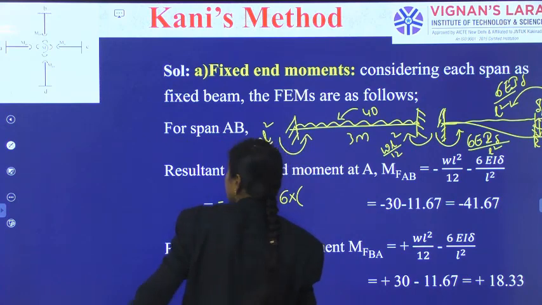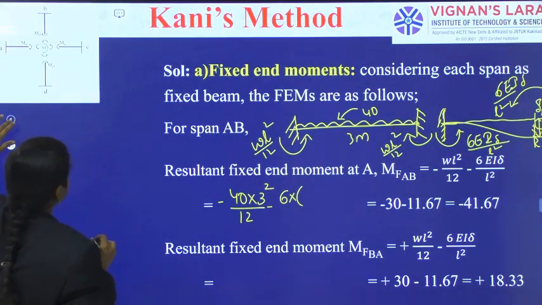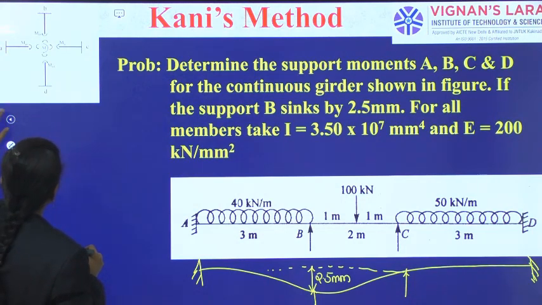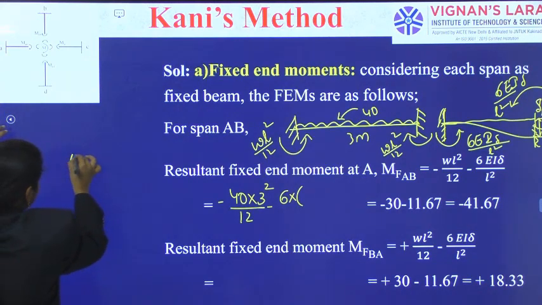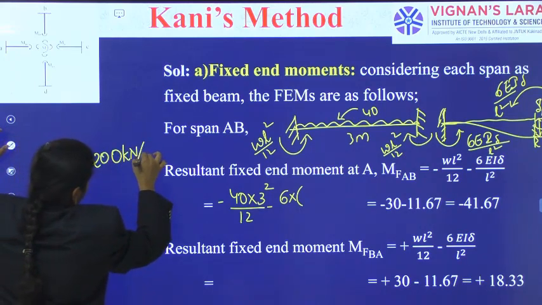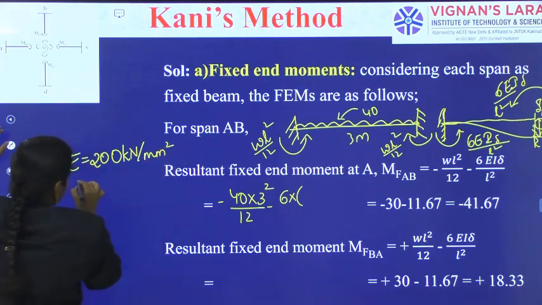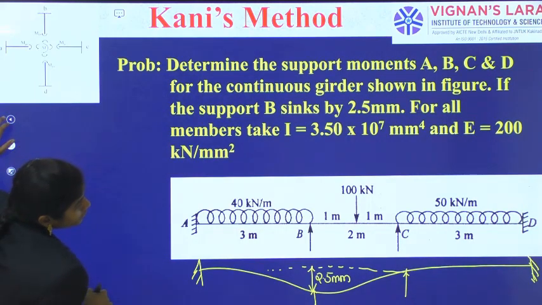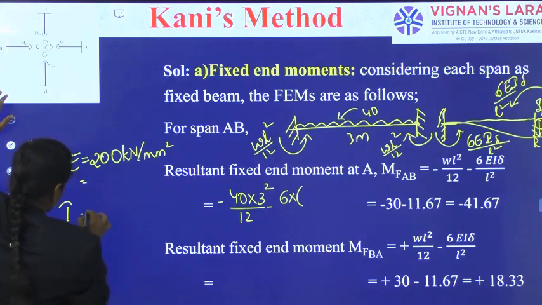In the problem they have given Young's modulus E as 200 kilonewton per mm square, and moment of inertia I as 3.5 into 10 power 7 mm power 4.